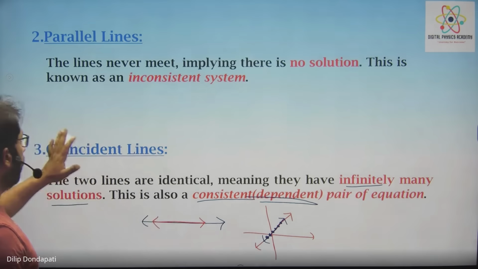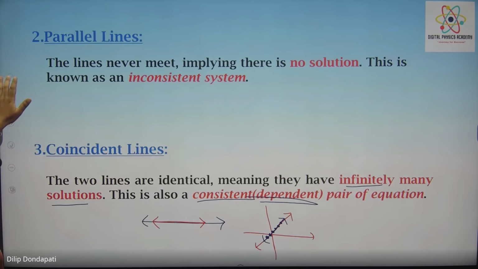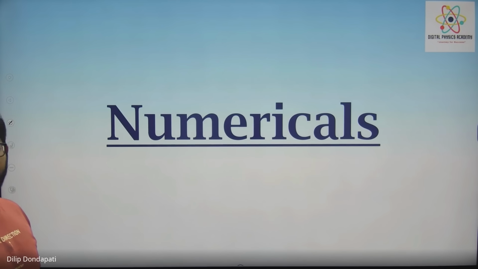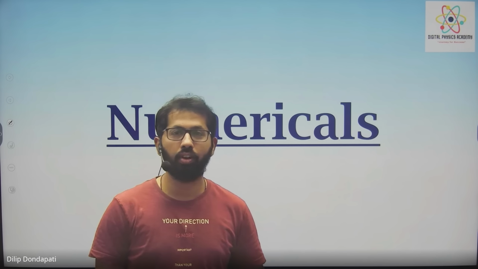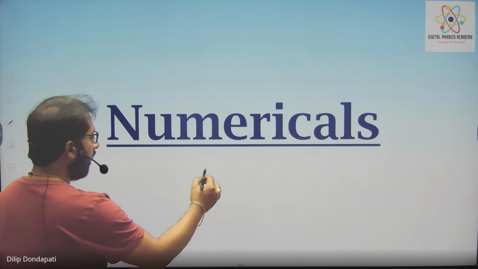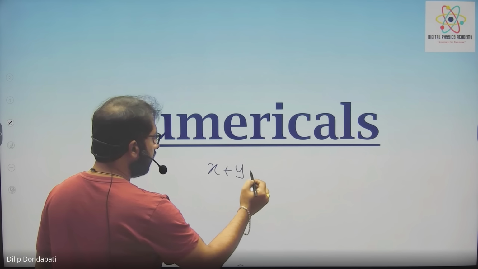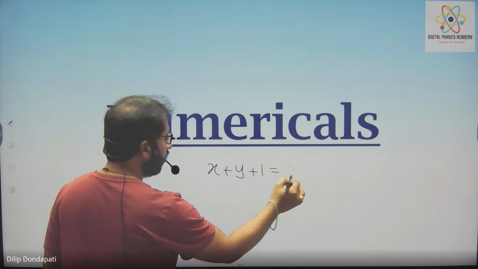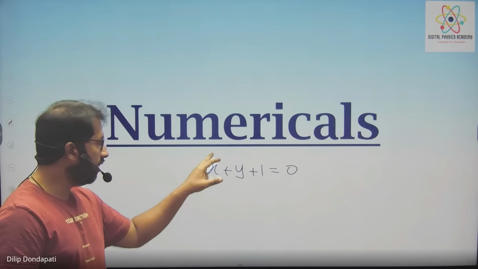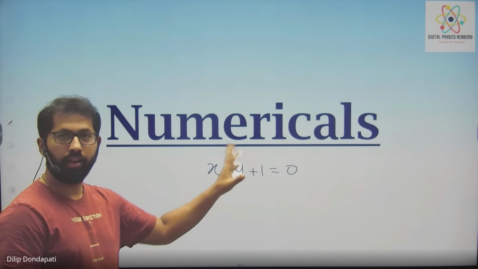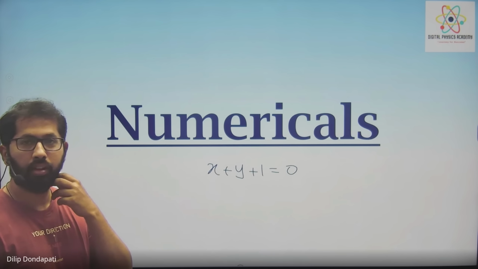Okay, let's understand and also do numericals. You know how to draw a graph. Suppose x plus y plus 1 is equal to 0. This is a linear equation in two variables, degree 1. How to draw the graph?